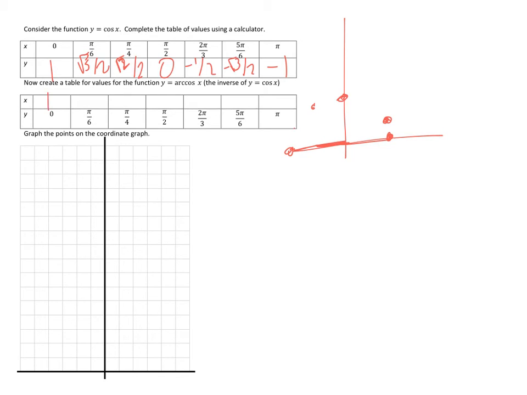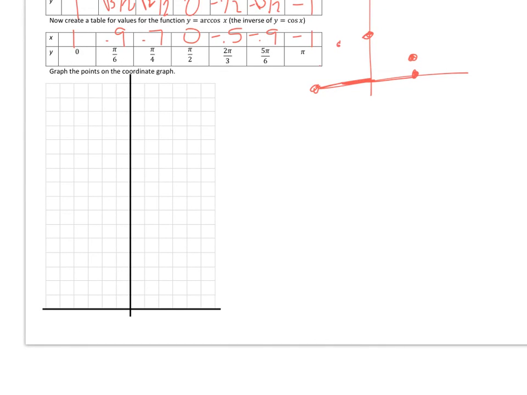Again, I'm going to change my radical 3 over 2 to a decimal. It's roughly 0.9. We know that's 0.7, 0, negative 0.5, negative 0.9, and negative 1. So when I put this on a graph, x-axis needs to go from negative 1 to 1, so set it up the same way.